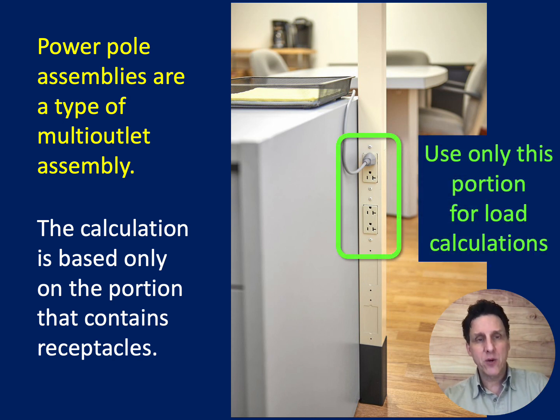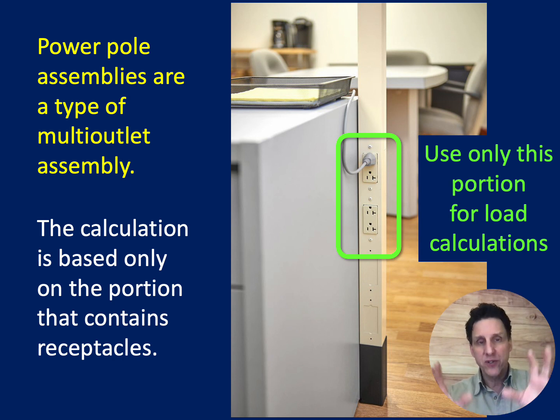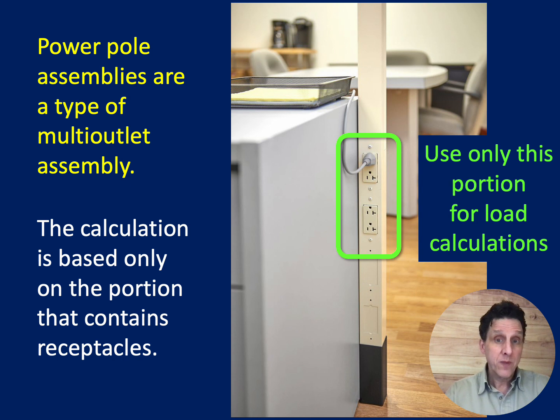So you see the part highlighted or outlined there and circled in green. That's the portion you use. So it's 2 feet or 3 feet worth of the power pole or the multi-outlet assembly, right? That's a totally different calculation compared to using the whole 15-foot length or the whole 20-foot length, whatever it happens to be. Only the portion that actually has receptacles, that's what you use. So the load calculation is going to be much smaller if you don't have to use the entire length.